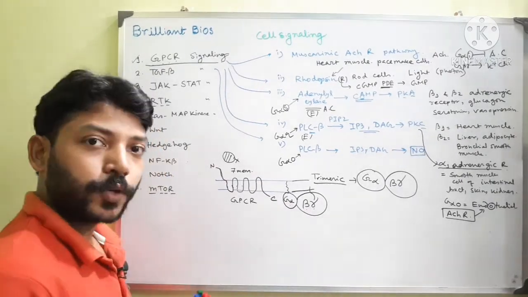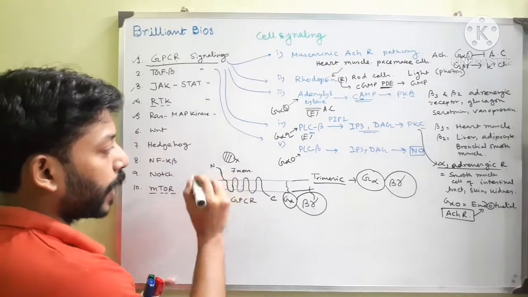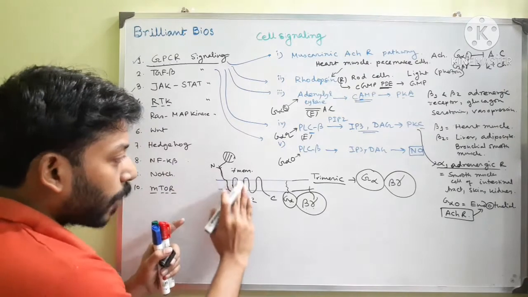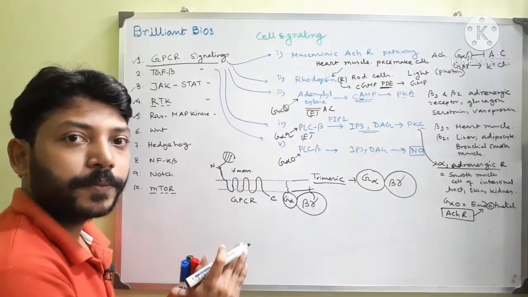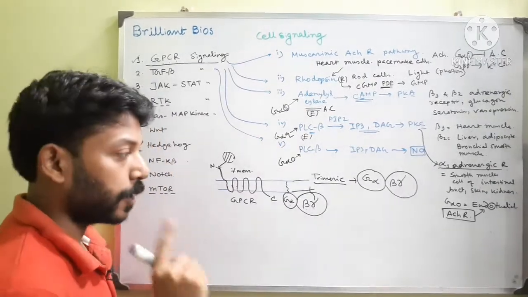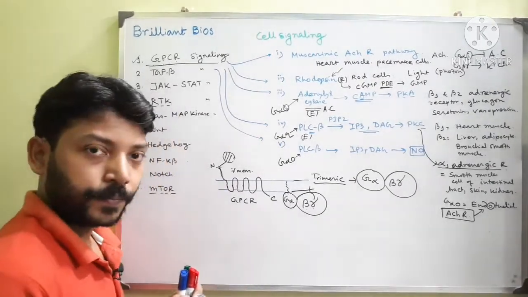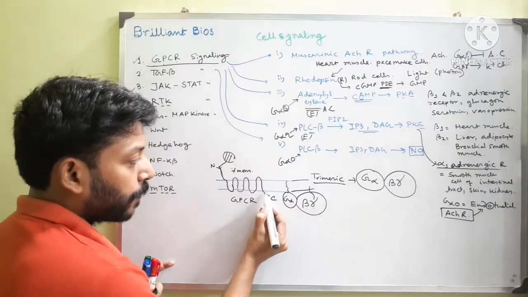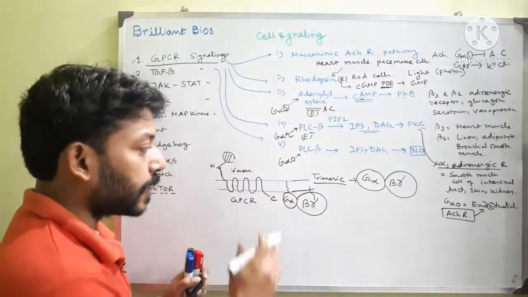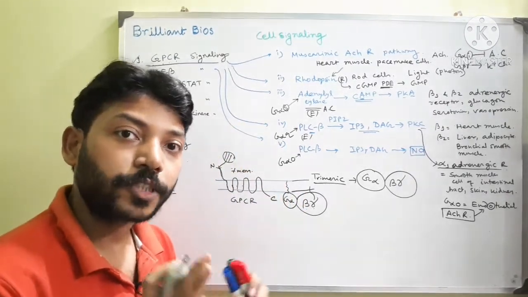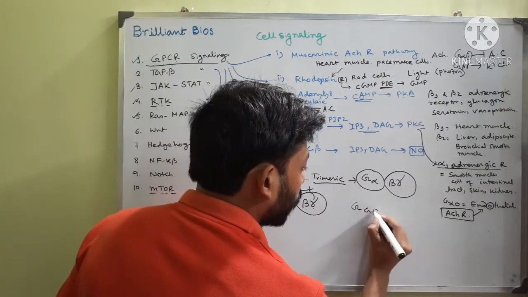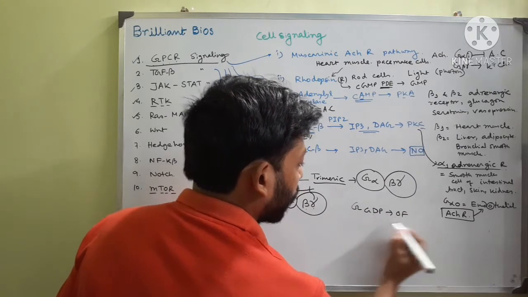But when a ligand binds with this receptor, a structural change occurs in the G protein coupled receptor that helps in the association with the G alpha protein. You must remember the G alpha protein. This G alpha protein associates with this G protein coupled receptor. I have mentioned in my basic concept class that a G protein can be in an on or off state. When a G protein is associated with GDP, it is in the off state.